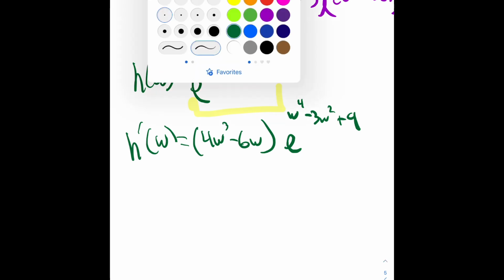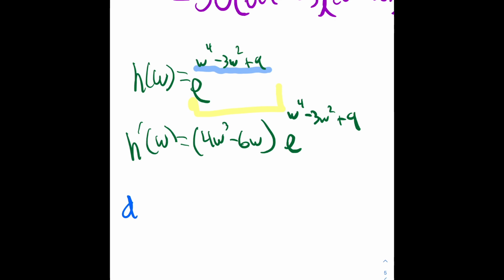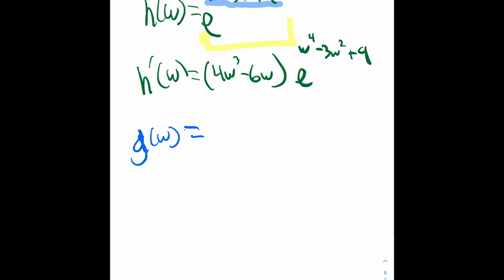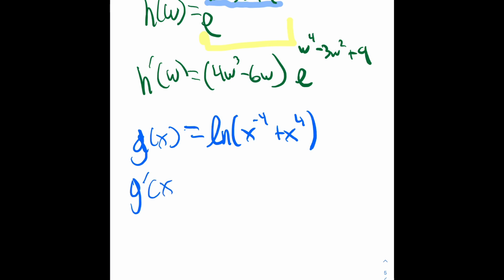A very similar type of problem is with logarithms. So if I take the function, let's say g of x, natural log of x to the negative fourth plus x to the fourth. Again, I'm writing my negative exponents down below. Actually, I have to take the derivative of the inside function and then keep the outside the same.